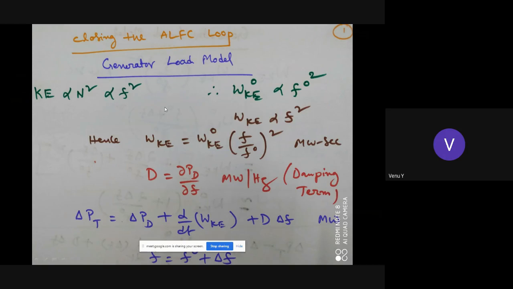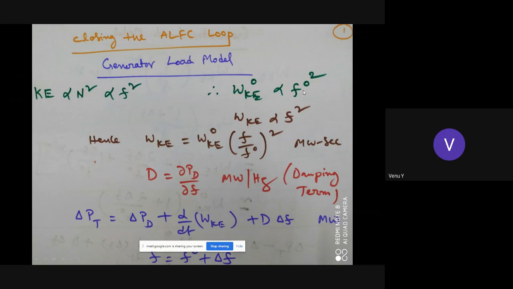Generally, the generator runs from rest, 0, to its rated speed, ns, the synchronous speed, in which kinetic energy is stored in the form of rotating parts. The kinetic energy is proportional to the square of the speed or the square of the frequency, and hence the kinetic energy at rated speed is proportional to f naught square.